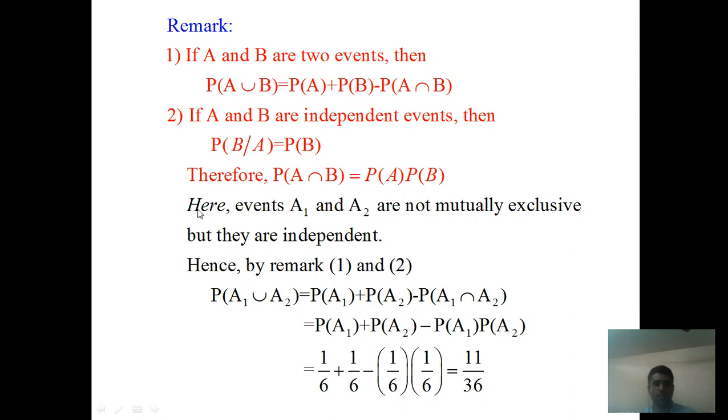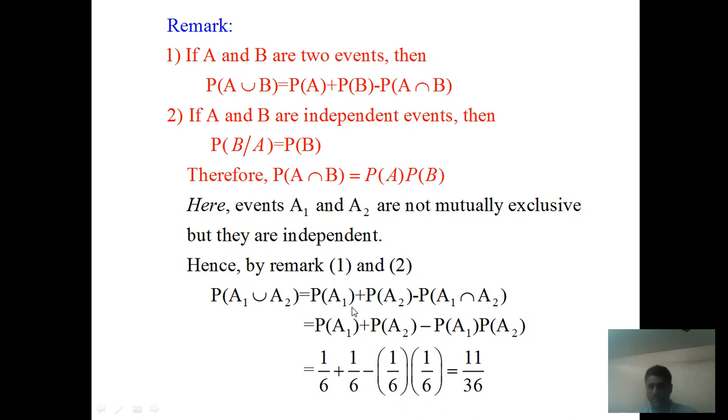So we now deal with the solution. Here events A1 and A2 are not mutually exclusive, but they are independent. Hence, by using the above two remarks, we write the probability of A1 union A2 is equal to the probability of A1 plus the probability of A2 minus the probability of A1 intersection A2.